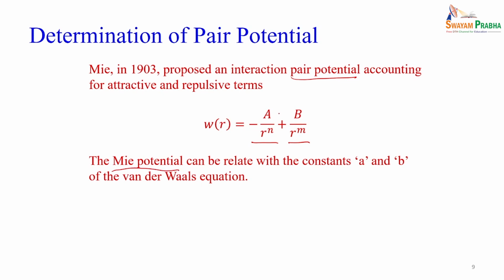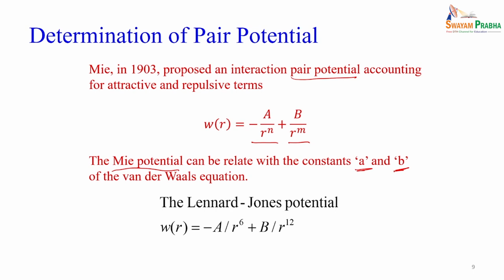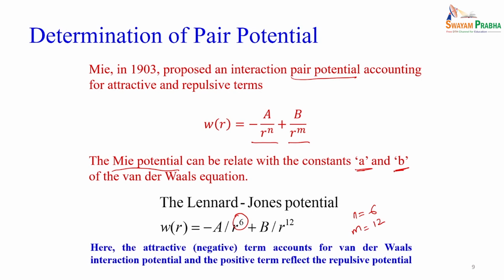Here the constants A and B can be related to the A and B of the van der Waals equation. Later on, Lennard-Jones modified the values of N and M. He proposed N equal to 6 and M equal to 12. This is for the attractive term and this accounts for the repulsive term.